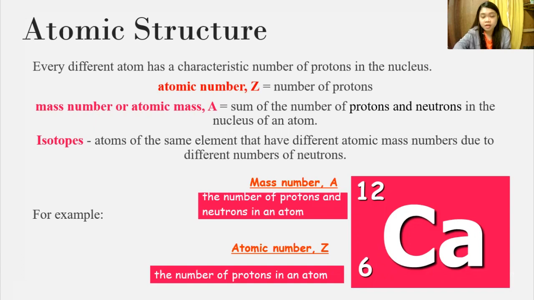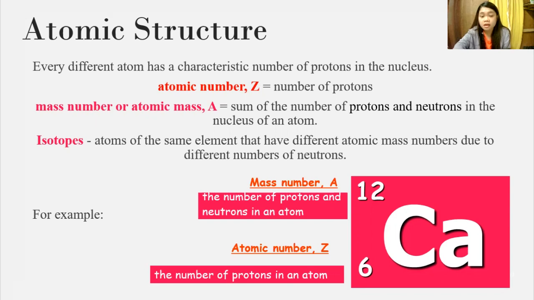Now we also have the concept of isotopes. These are atoms of the same element that have different atomic mass numbers due to different numbers of neutrons. So they differ only in their mass number, but they have the same atomic number.